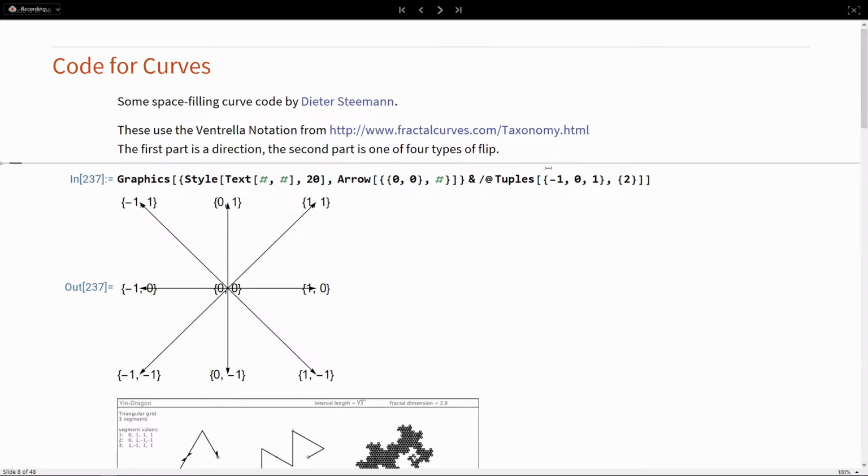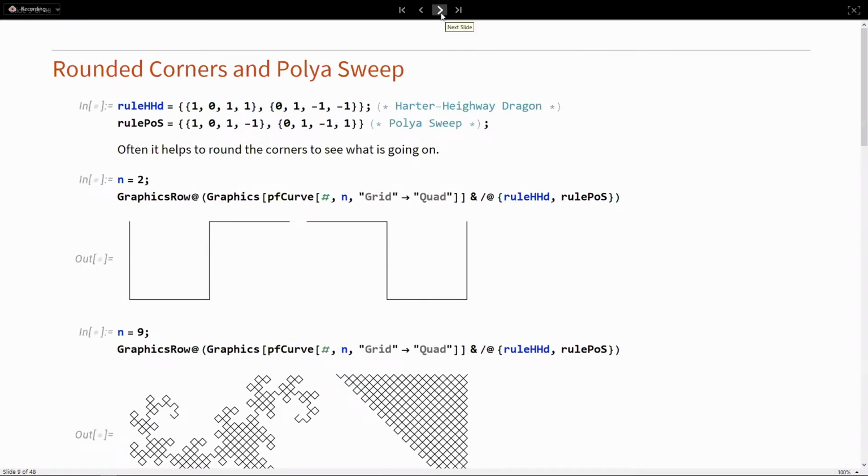For the Sierpinski arrowhead curve in Dr. Wolfram's A New Kind of Science, he shows 12 different small bits of code that will generate the Sierpinski pattern. Usually, once there's one way of generating a curve, it turns out that there's many different ways.